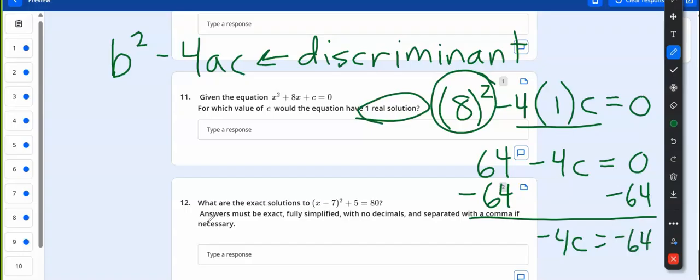What answer do you get? Negative 64 over -4? Yeah, that's true, but you better figure out what that is. 16. That is positive 16.